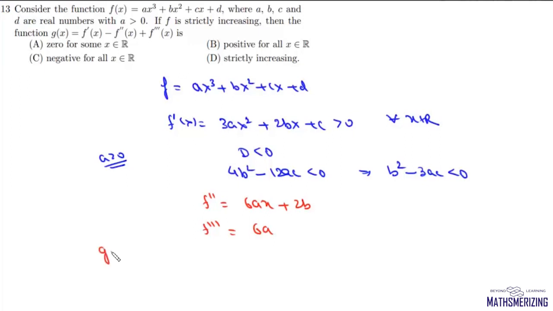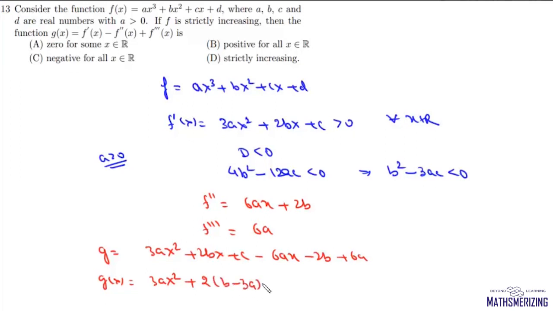Now gx is f dash minus f double dash plus f triple dash. So it will be 3ax square plus 2bx plus c, and then minus 6ax minus 2b, and then plus 6a. So we can write this gx as 3ax square plus 2 into b minus 3a x plus c minus 2b plus 6a.